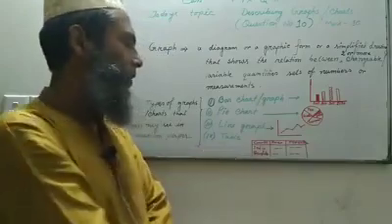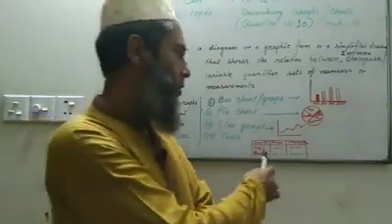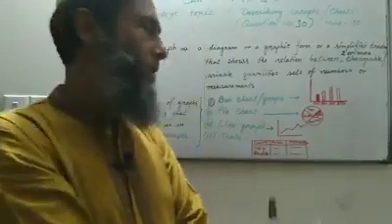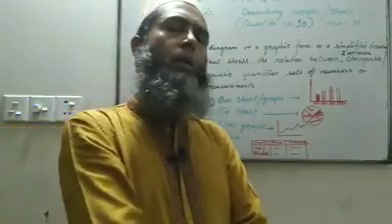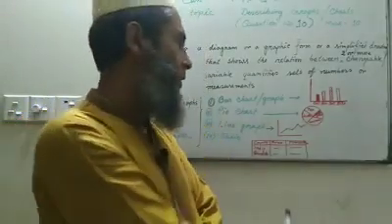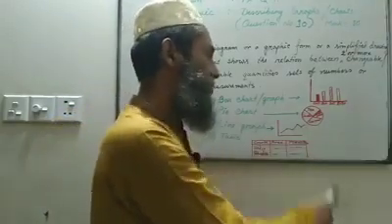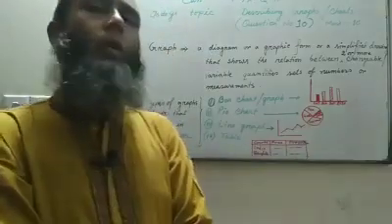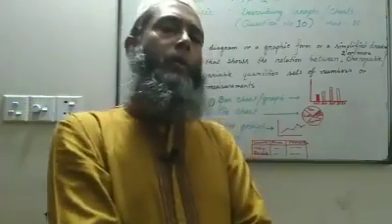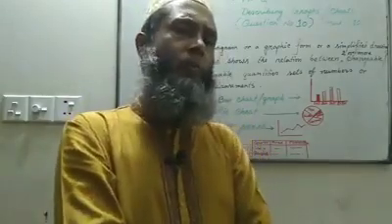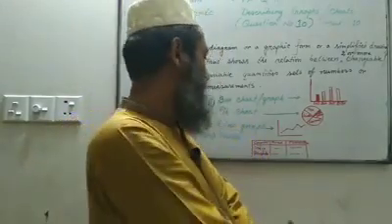Then table. You know, this type of table describes any information. Here 2 columns or 3 columns or 4 columns may describe some information about something.